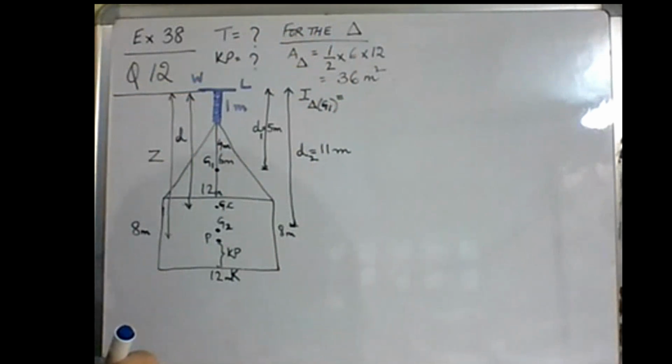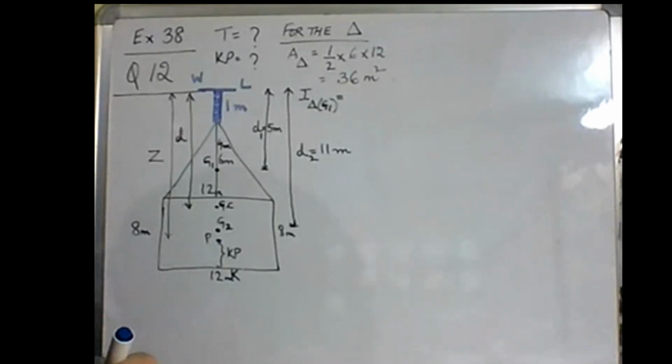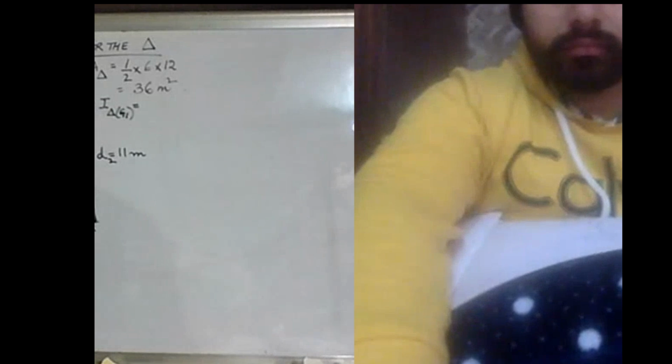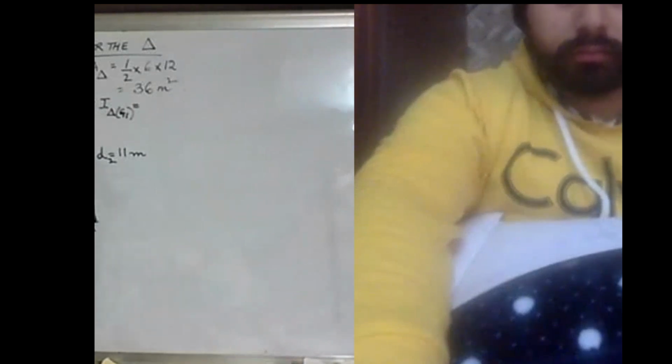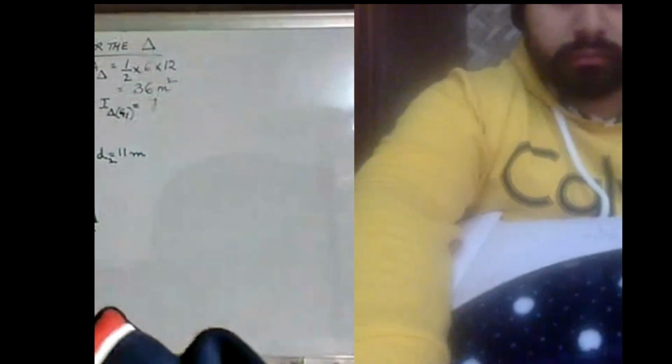It will be equal to BD cube by 36, is equal to 12 into 6 cube by 36. कितना आया? 72. सबका सेम आ रहा है? Yes, sir. 72 M4.